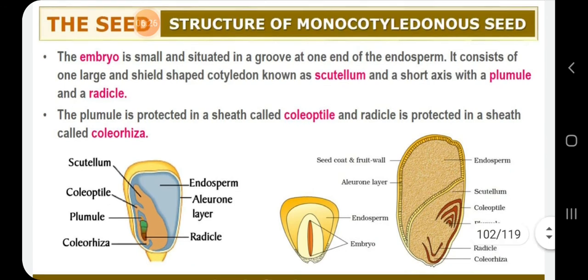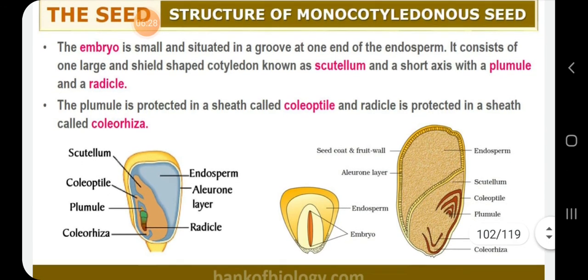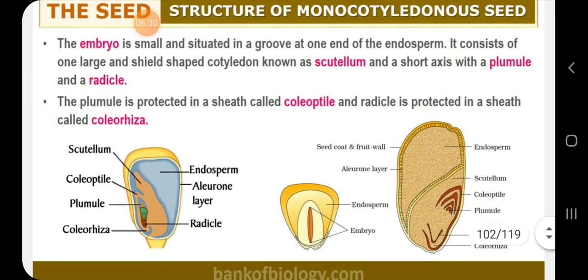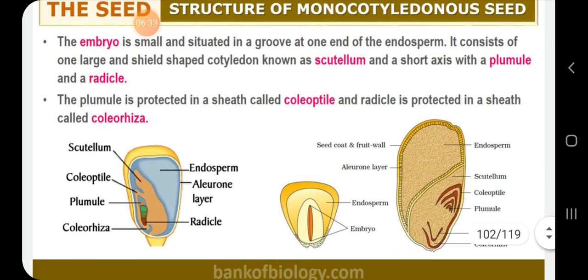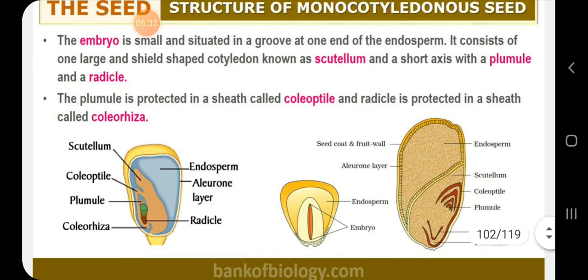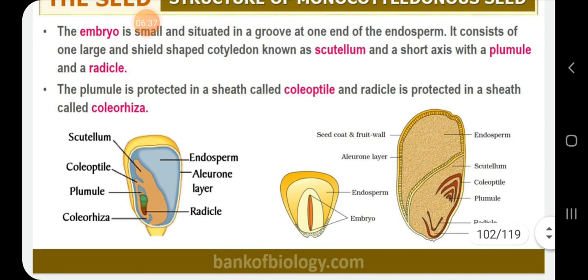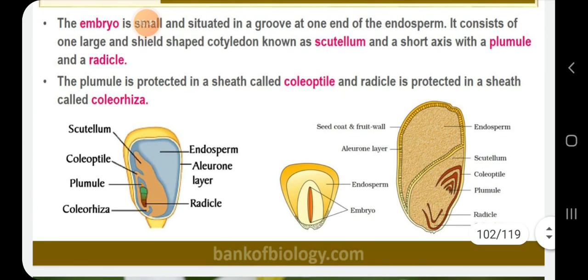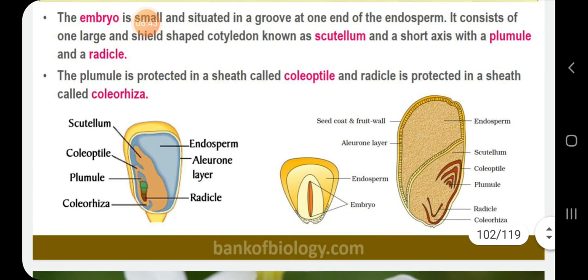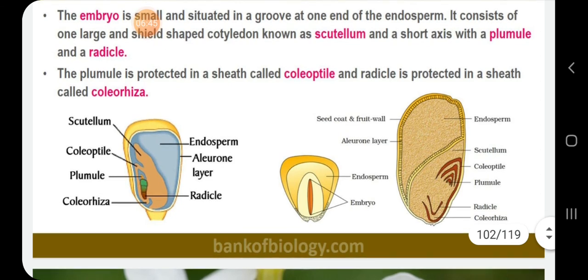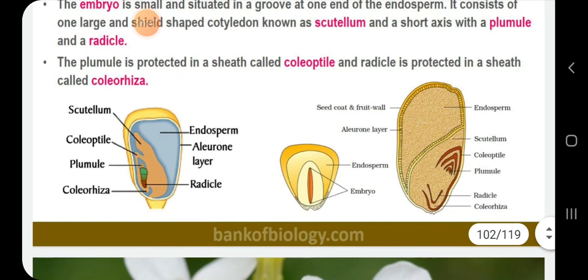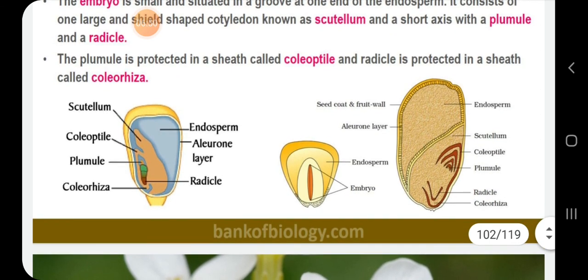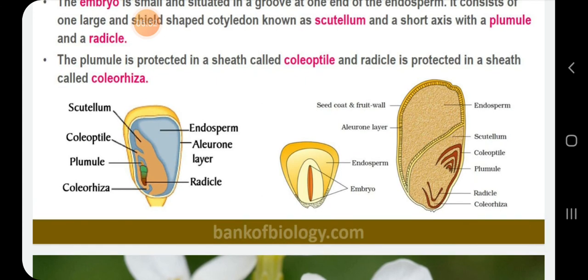Here the embryo is very small and situated in a groove at one end of the endosperm, and it consists of one large shield shaped cotyledon known as scutellum and a short axis with the plumule and the radicle. The plumule is protected in a sheath called coleoptile and the radicle is protected in a sheath called coleorhiza. So these are the protective layers.